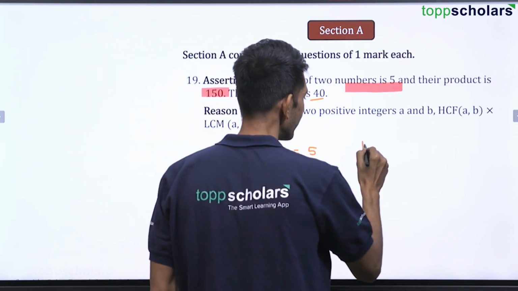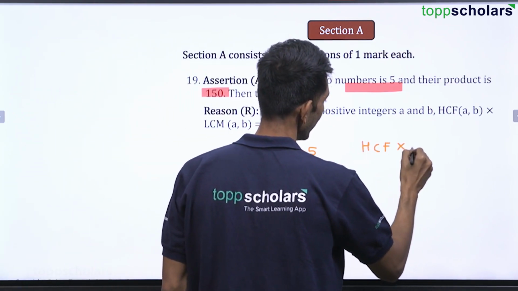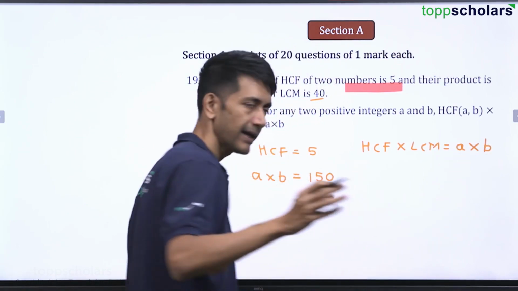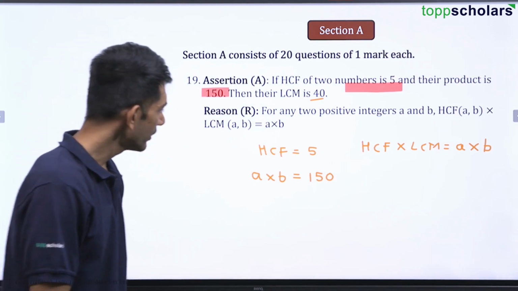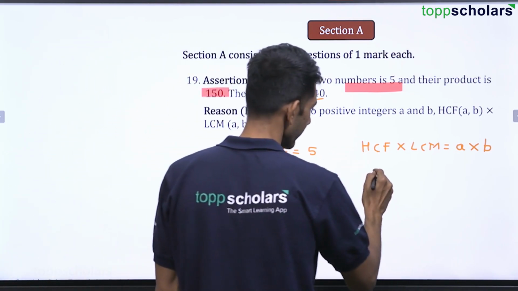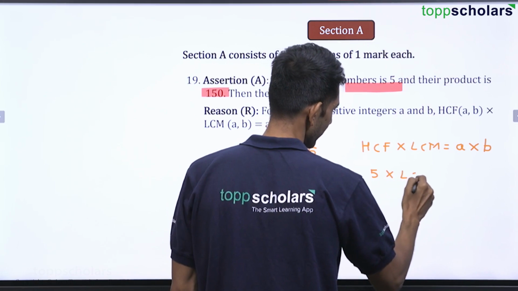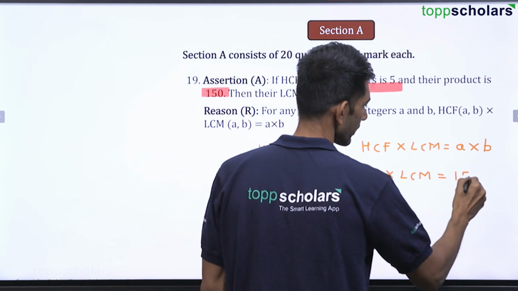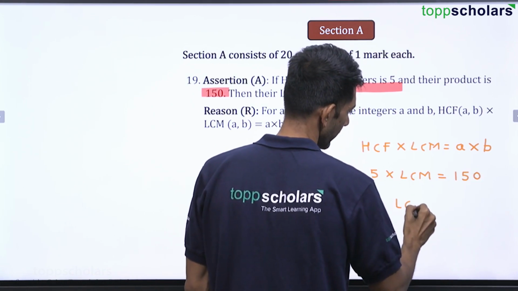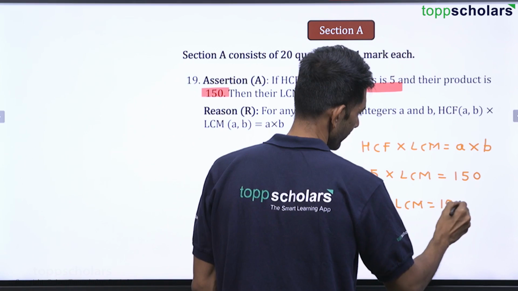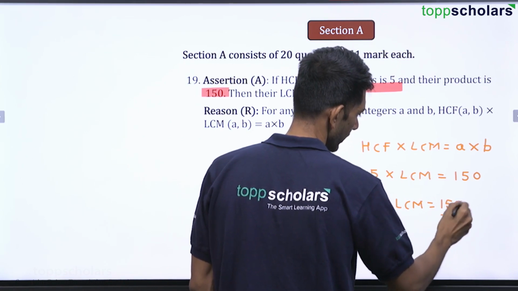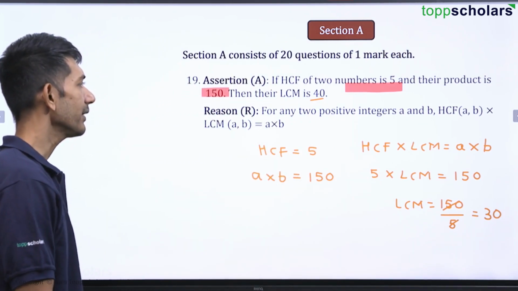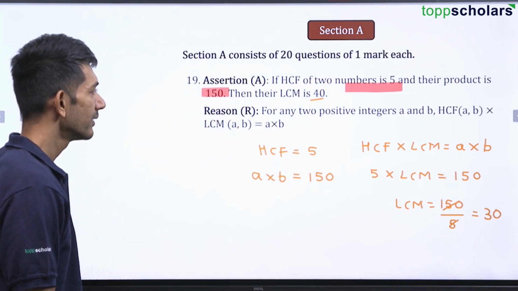We know that HCF into LCM is equal to A into B. So here can I say HCF is 5 into LCM is equal to A into B is 150. So LCM will be equal to 150 divided by 5, that is equal to 30, right? I hope this is clear.